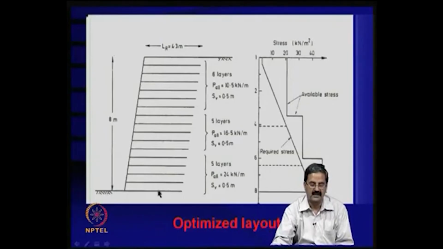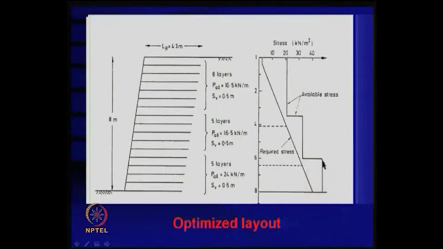So you can see that at 0.5, 0.5, 0.5 you can provide, and this is the required stress and this is the allowable stress. At this point there is a little extra, it is fine.